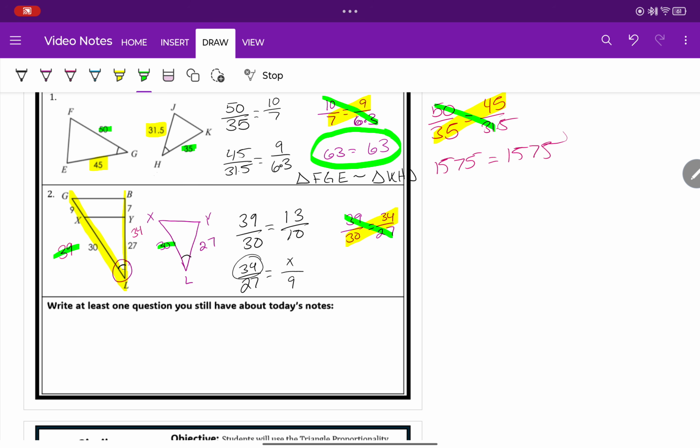So when I multiply 39 times 27, I get 1,053. And when I multiply 34 times 30, I get 1,020. These values are not the same, so my two triangles are not similar.